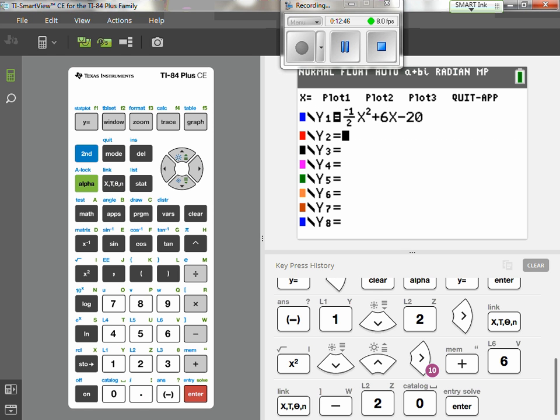And once you get it typed in, just like the last one, hit graph.